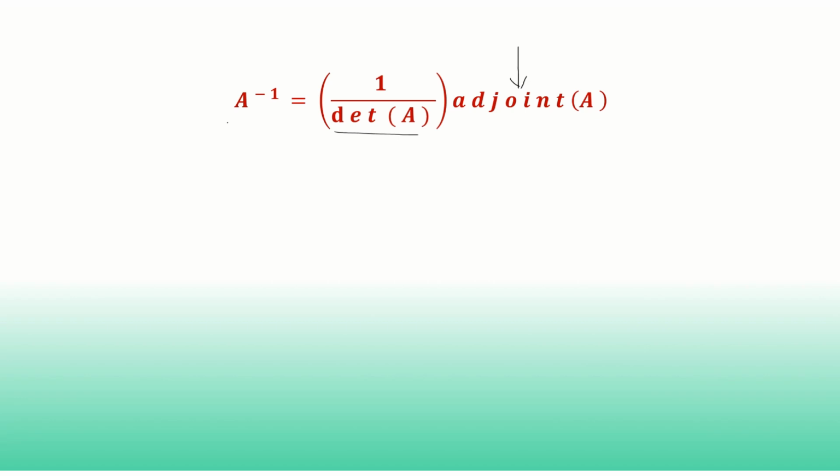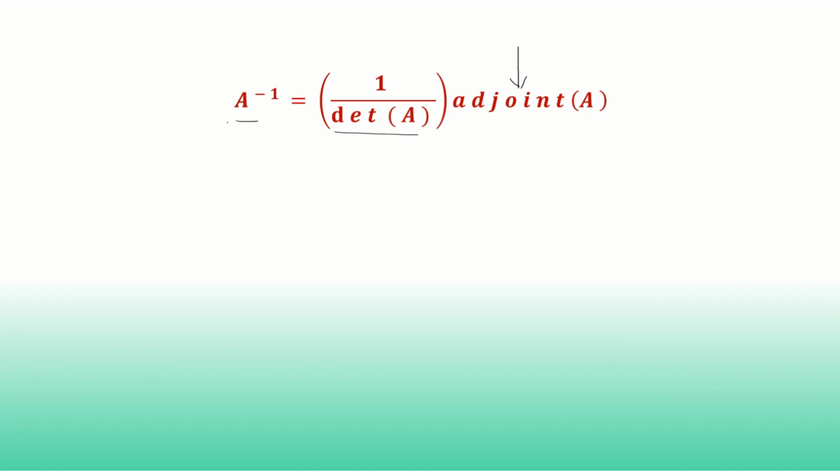How we find that, I am going to explain in a very basic way with a 2 by 2 matrix. I will explain the whole process to find the inverse of the matrix. But if you want the general method to find the adjoint of A, you can check out my other video in which I have explained how you get the adjoint of A in a general way.